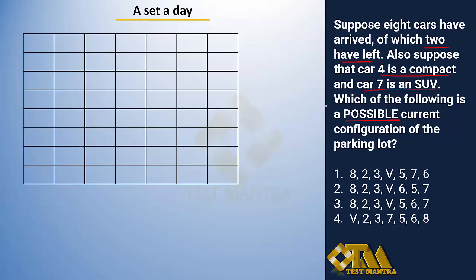So let's do one thing. Let's consider 4 cars only for the time being, and then we'll try to arrange the values here. So let's take 1, 2, 3 and 4. I know that we are removing car number 1 and car number 4, so we'll try to utilize this. In most options the first part is 8, so possibly this is occupied by 8.